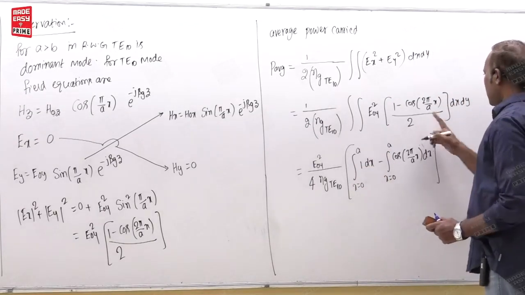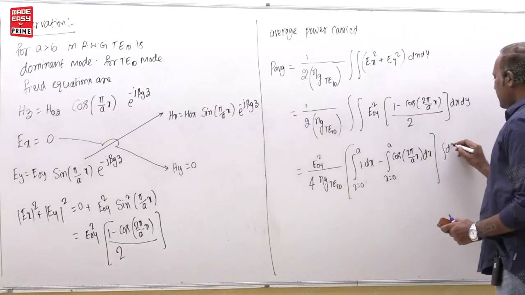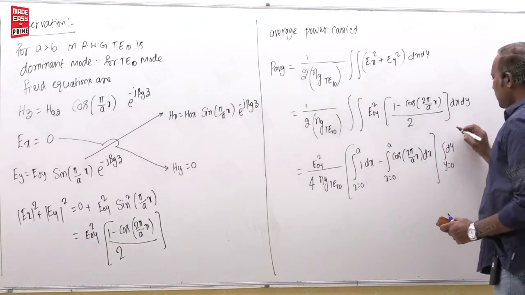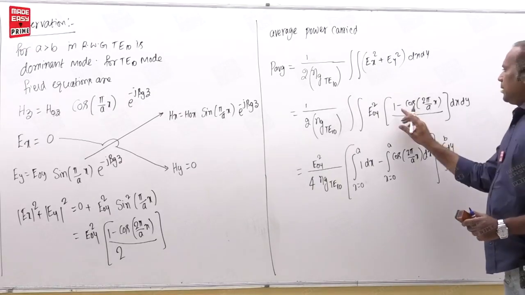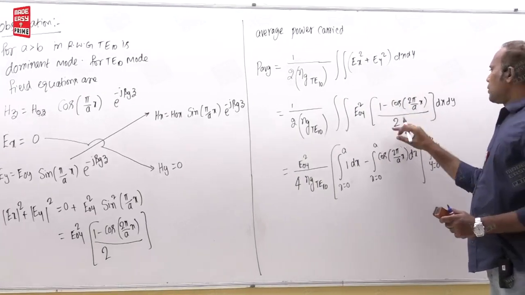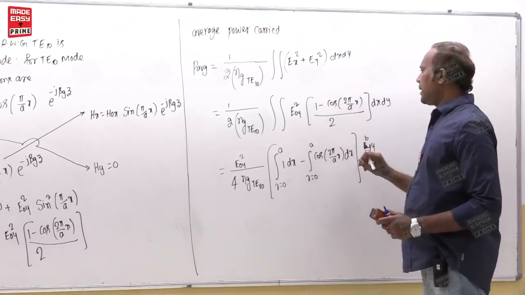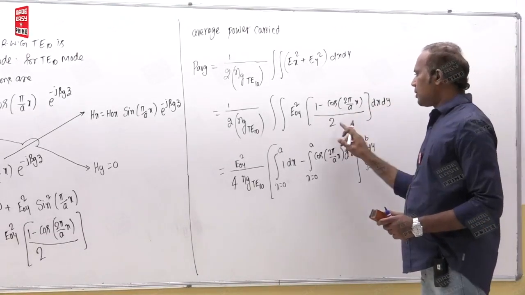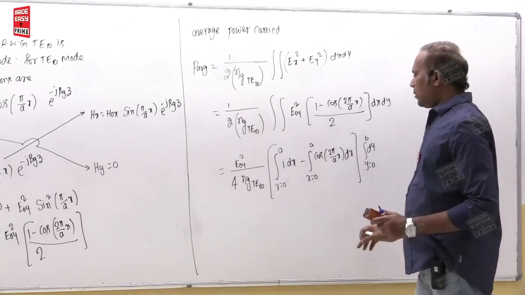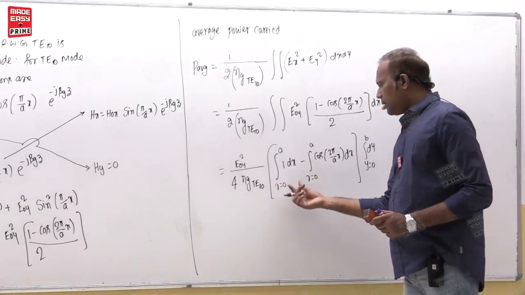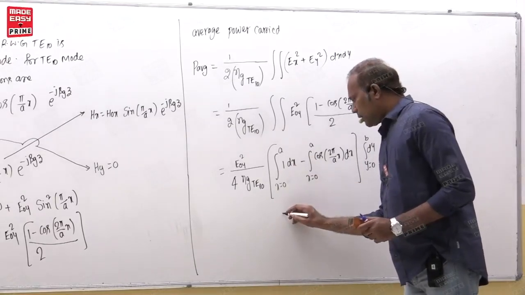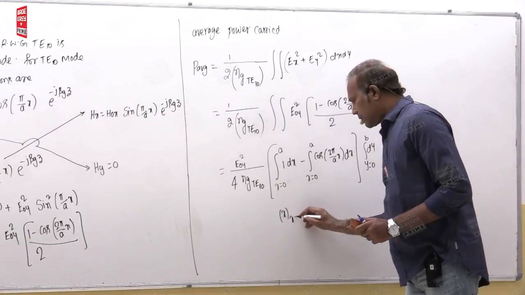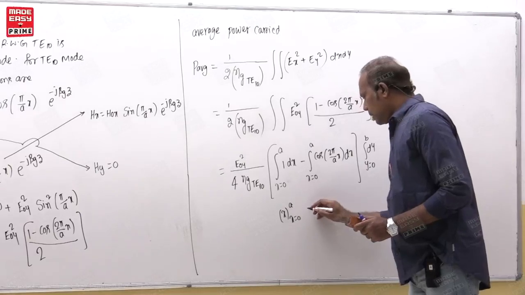This is the x term and there are no y terms, so the integral dy is y from 0 to b. Actually, this is all x term only. Integral dx is x, so x from 0 to a minus 0.